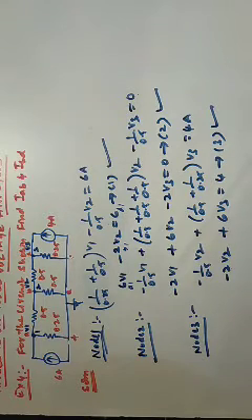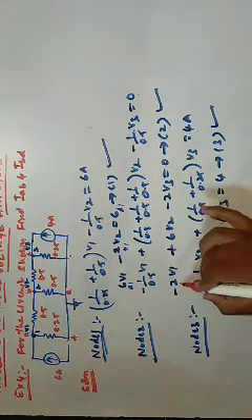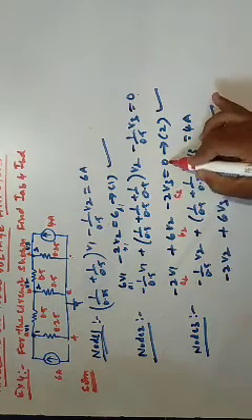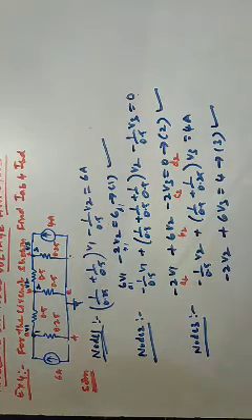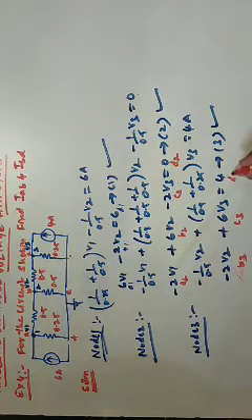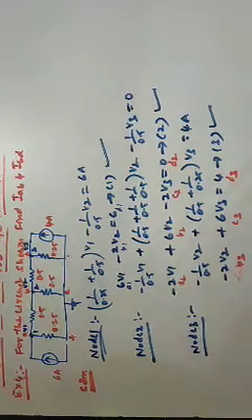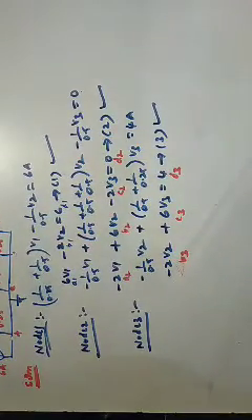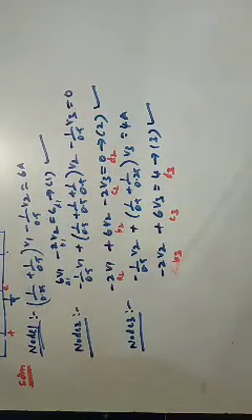Similarly, in equation number 2, this is A2, B2, C2, and this is D2. In equation number 3, we don't have the A3 component, this is B3, C3, and D3.